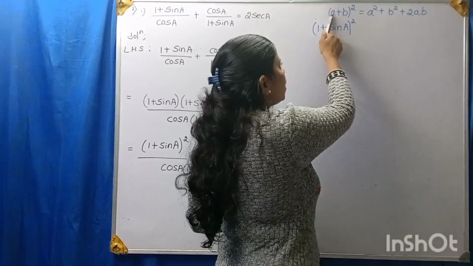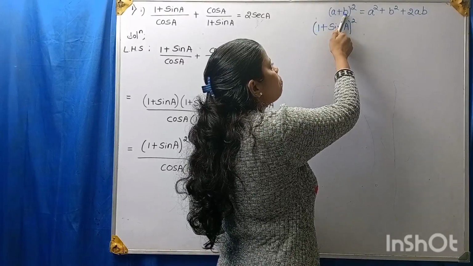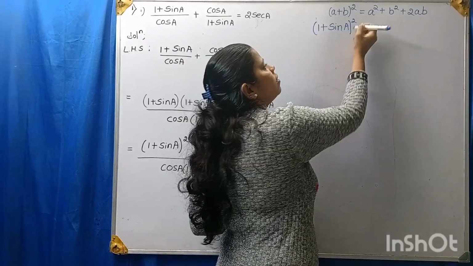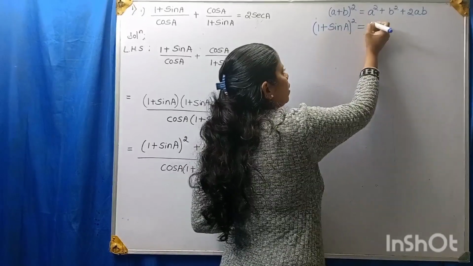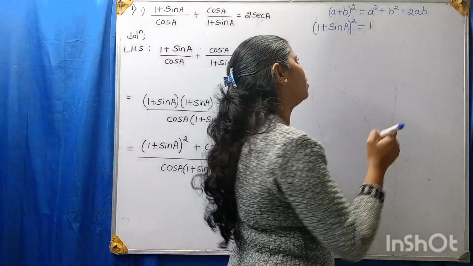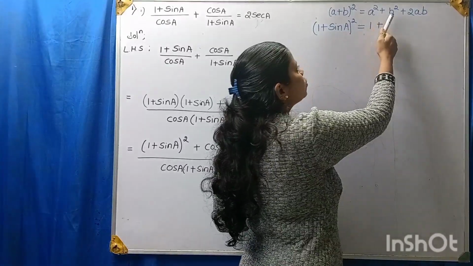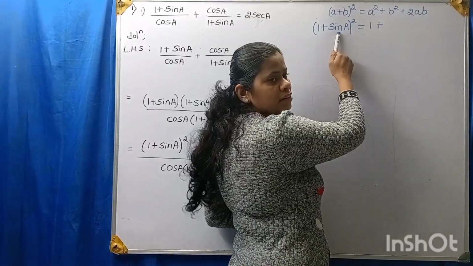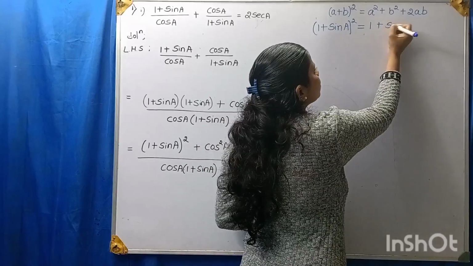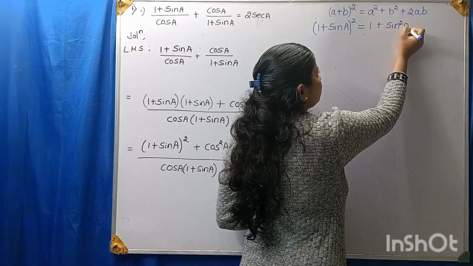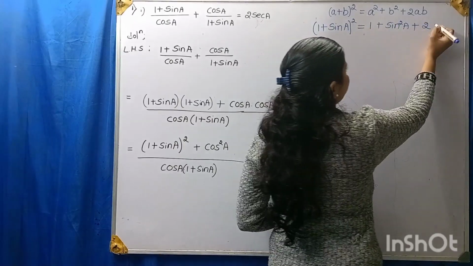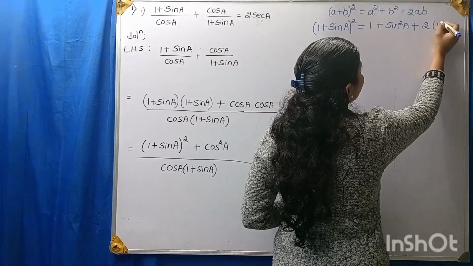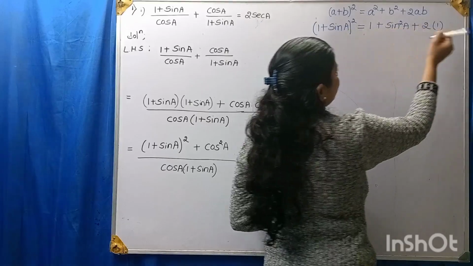In the place of A, we have 1, and in the place of B, we have sin A. Therefore, A square is 1 square, it's nothing but 1. Plus B square is sin square A. Plus 2 into A, which is 1, into B, which is sin A.